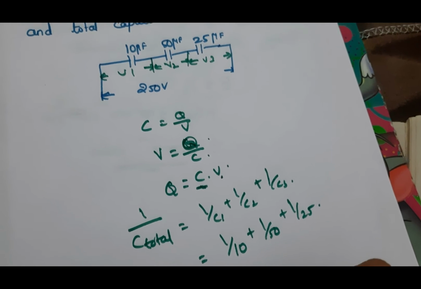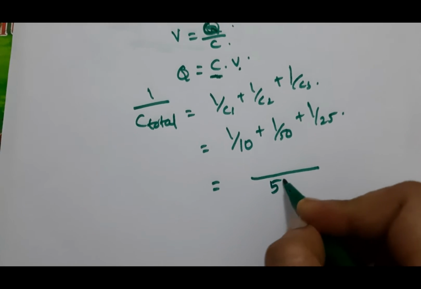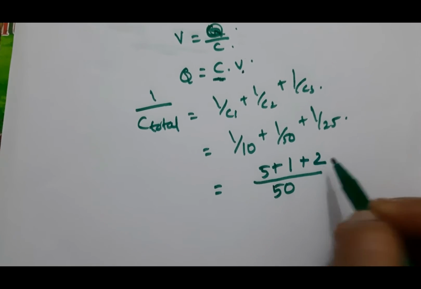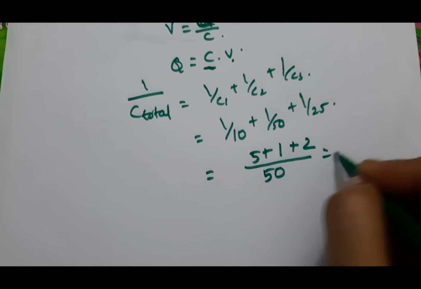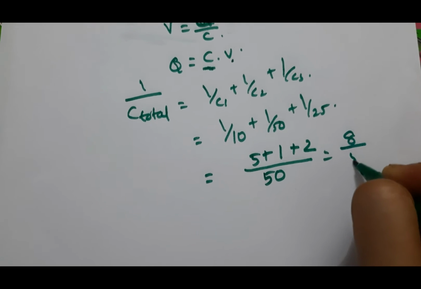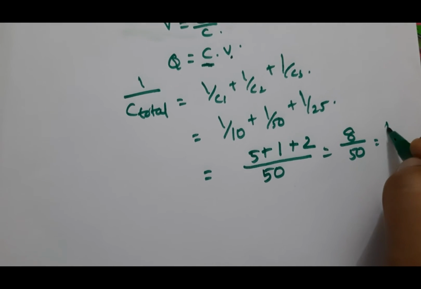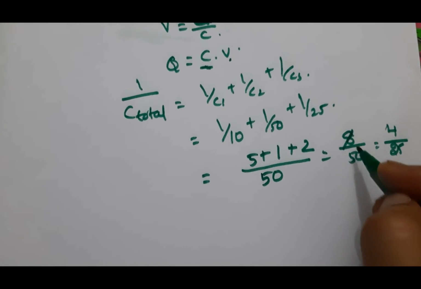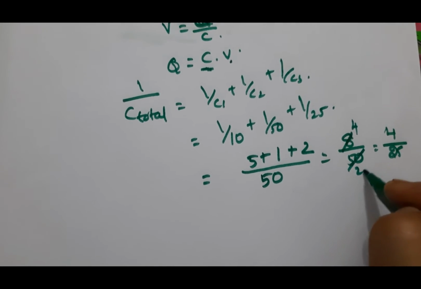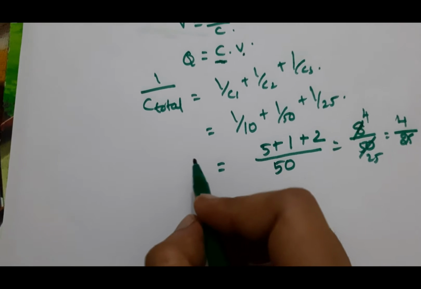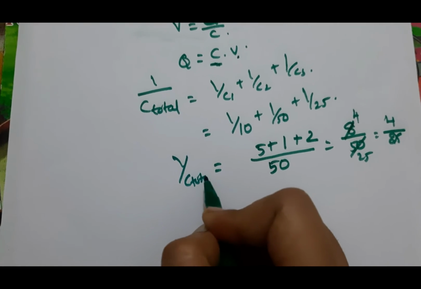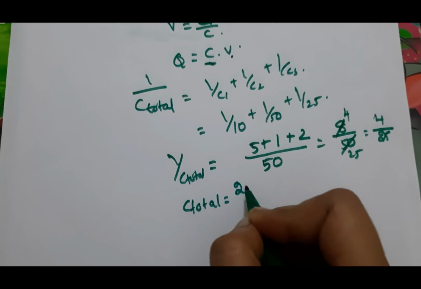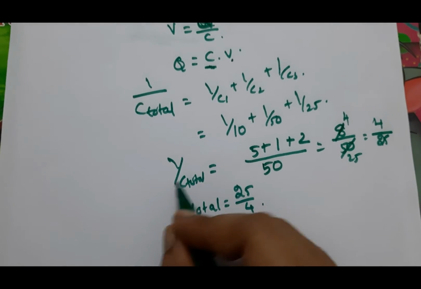The LCM here is 50, so that is 5 plus 1 plus 2, which is 8 divided by 50, equal to 4 divided by 25. Dividing by 2, 1 divided by C total is 2 by 25... so C total is 25 by 4.